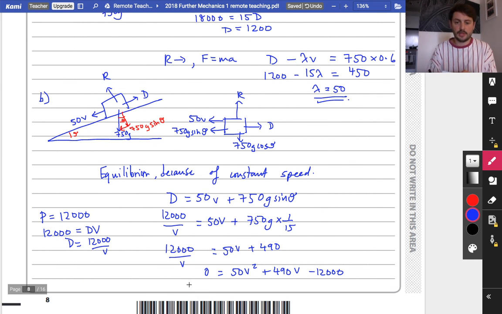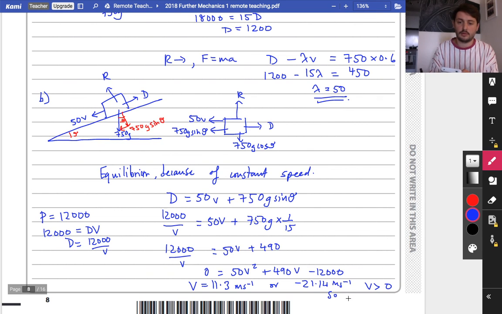And you come up with v is equal to 11.3 meters per second, or minus 21.14 meters per second. But obviously v has got to be greater than 0, so v equals 11.3 meters per second. That one's not going to be valid.